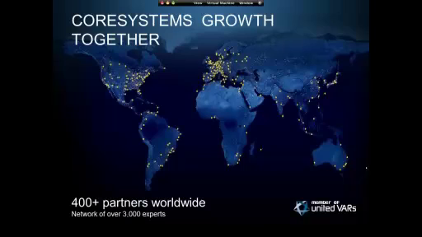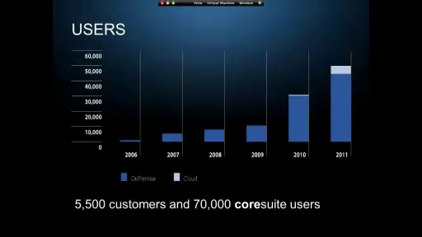They did a training just a couple of months ago for their entire team, so they're really well equipped and can help you with the maximum value in regards to our solution. Users, this is also important for you to know. We have over 5,500 customers. This is only Business One, and around 70,000 CORESUITE users. So for you, of course, this is also important to know. It's a widespread stable solution which is used around the globe.